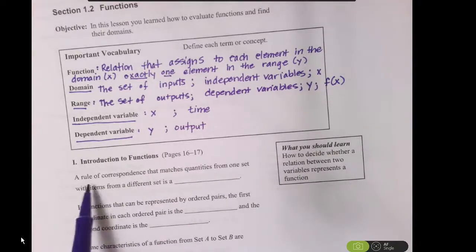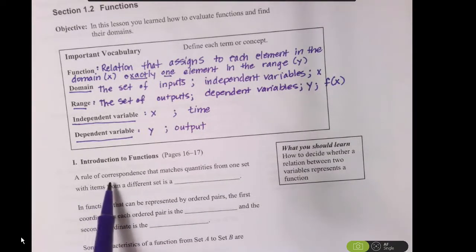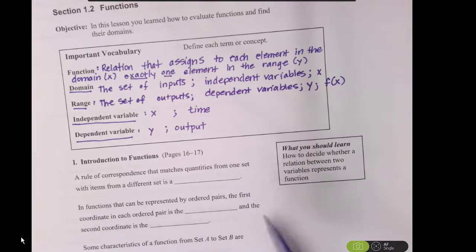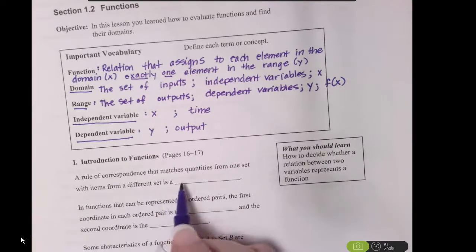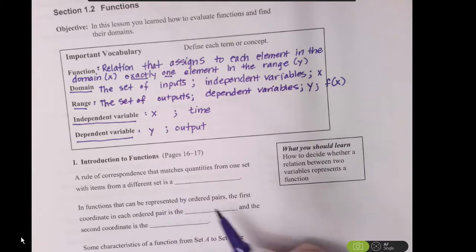So, a rule of correspondence that matches the quantities from one set with items from a different set, we'll call that, well, is it a relation? Is it a function? I'm not 100% sure what they're looking for here.